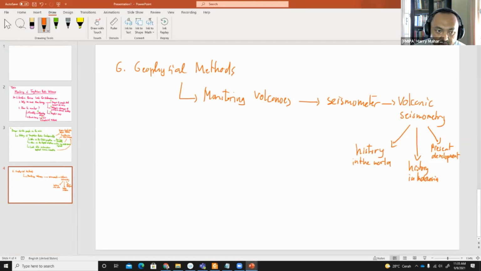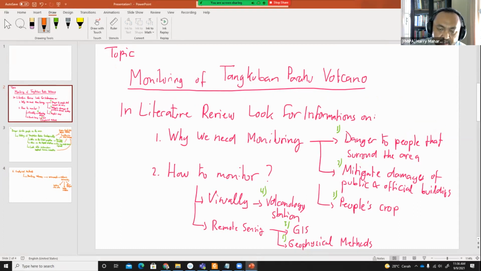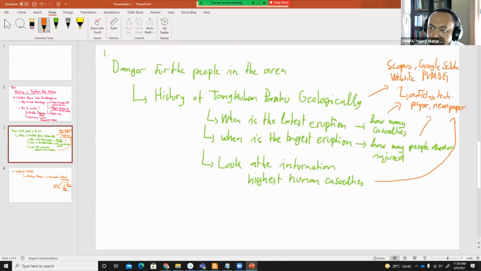The way you can do it is from the branching of the topics that we want to cover in that section, and then we look for relevant information using the tools readily available, such as Scopus, Google Scholar, etc., on that particular topic.